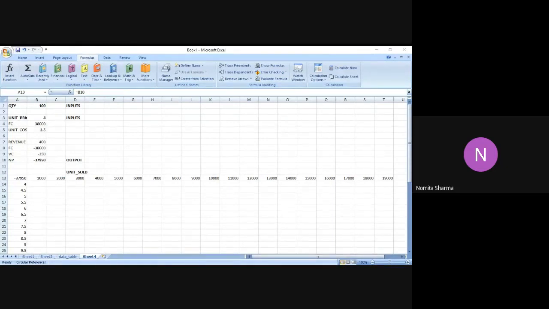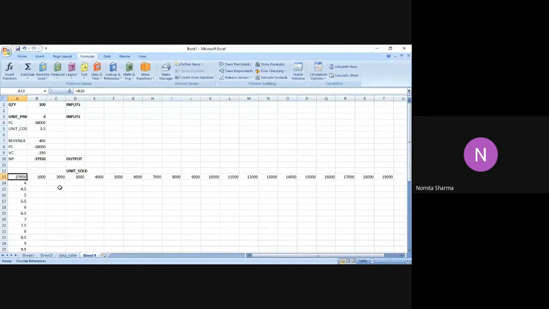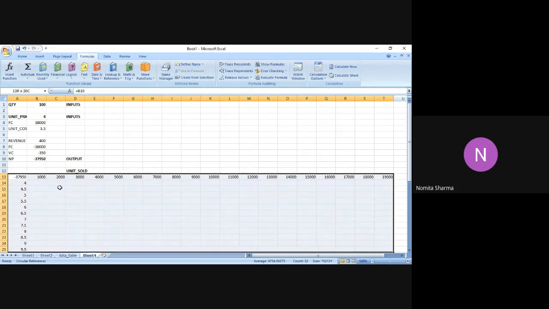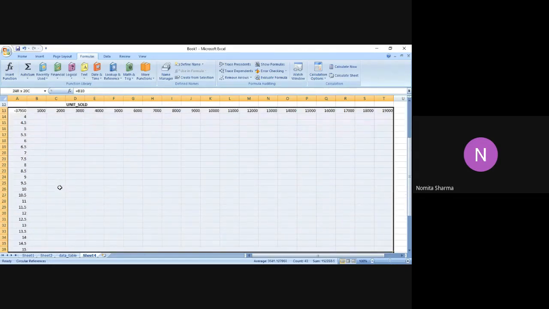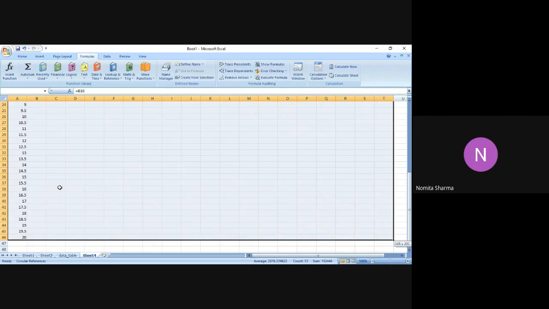All right. So let me go back to my screen. And now what I do, I select this particular matrix, and I select the whole matrix which I want to be filled with the values through this processing with the help of a data table.